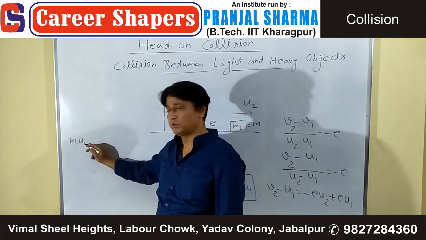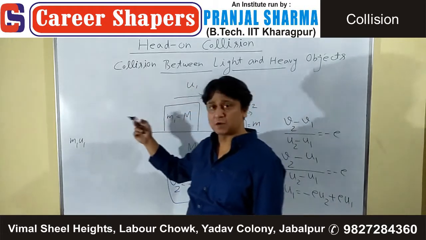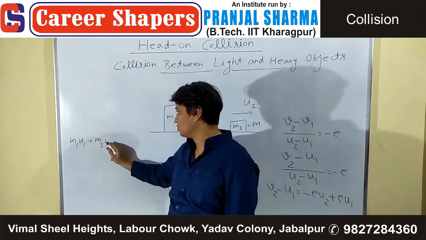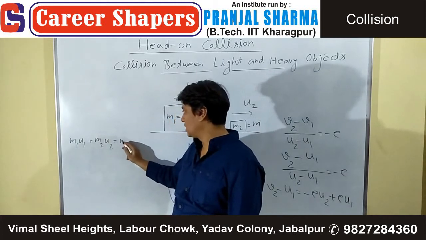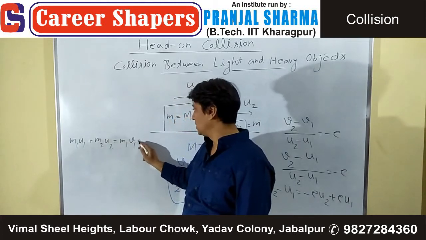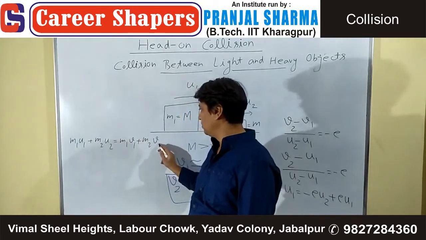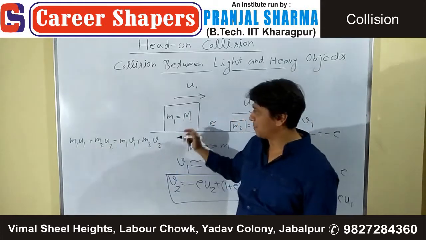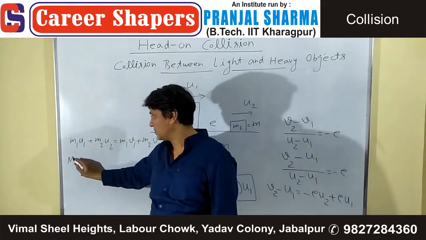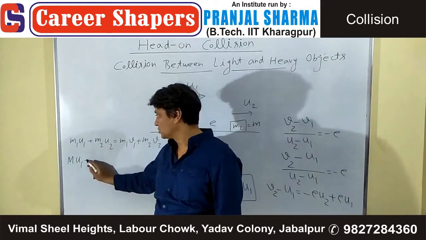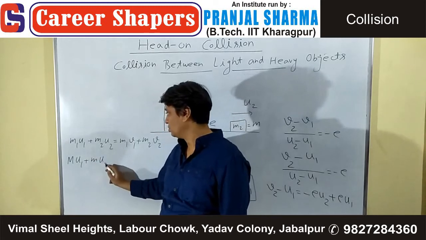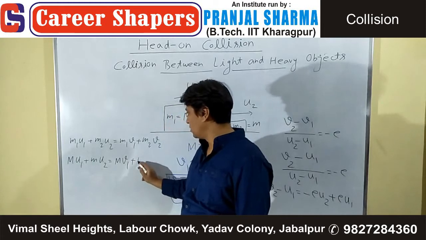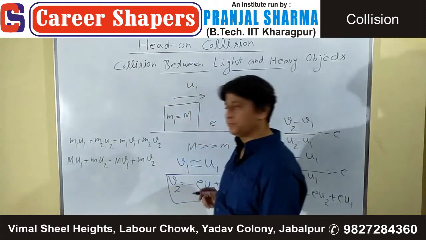The first equation, which was based on conservation of linear momentum, says m1u1 plus m2u2 is equal to what? m1v1 plus m2v2. That's your equation number 1. Now what is m1? Capital M. This is capital M u1 plus small m u2 equals capital M v1 plus small m v2.